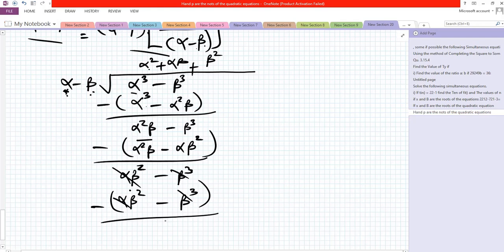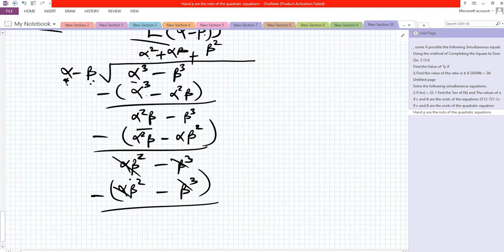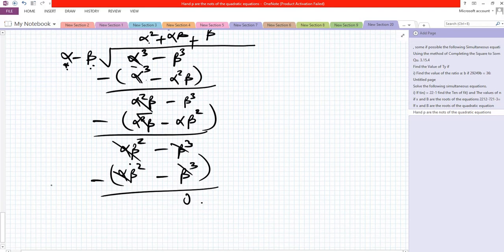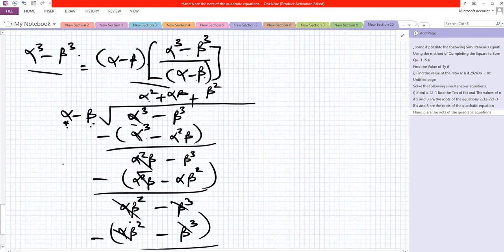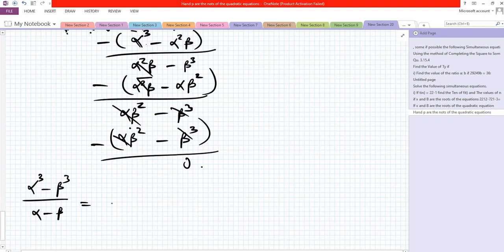It will be 0. So that means alpha cube minus beta cube divided by alpha minus beta will give you alpha square plus alpha beta plus beta square.